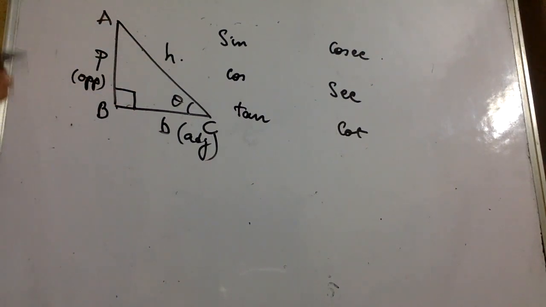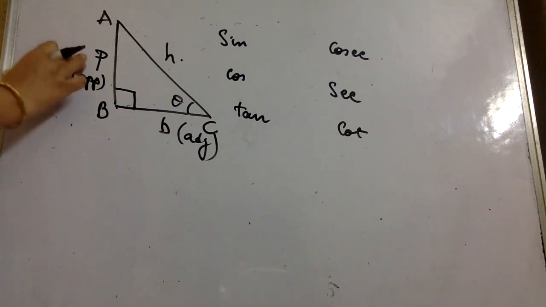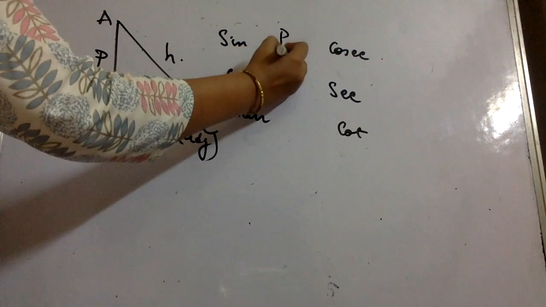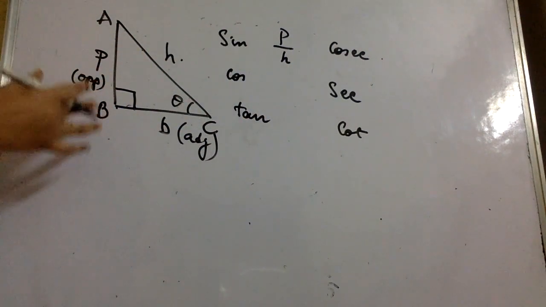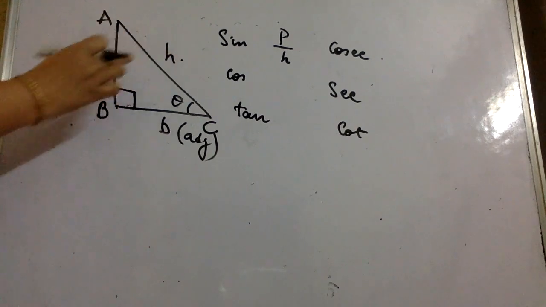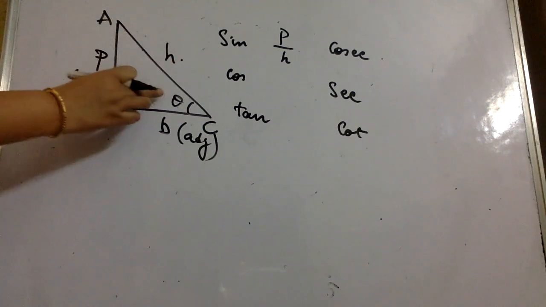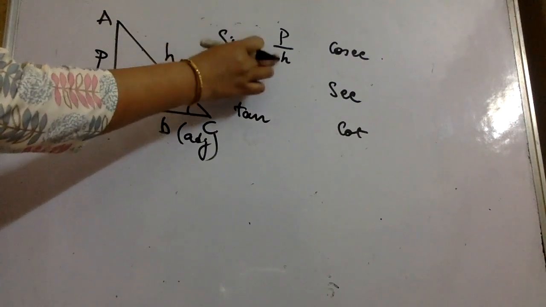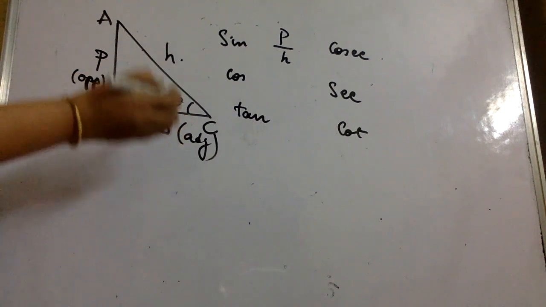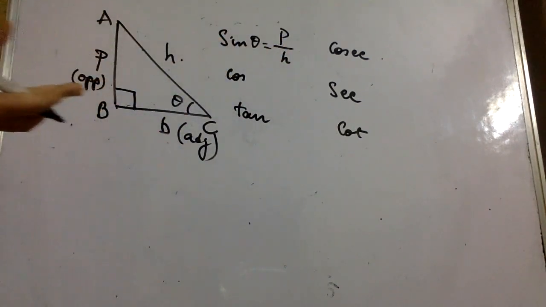Now if I write a ratio between P and H, P by H, the ratio in a right angle triangle between perpendicular and H, of course for the angle theta, I'll clarify this more as we proceed. Then the P by H ratio is given a name which is sine theta.